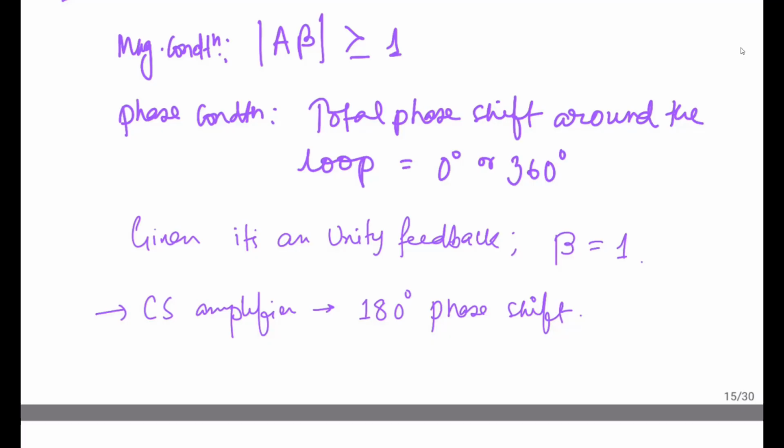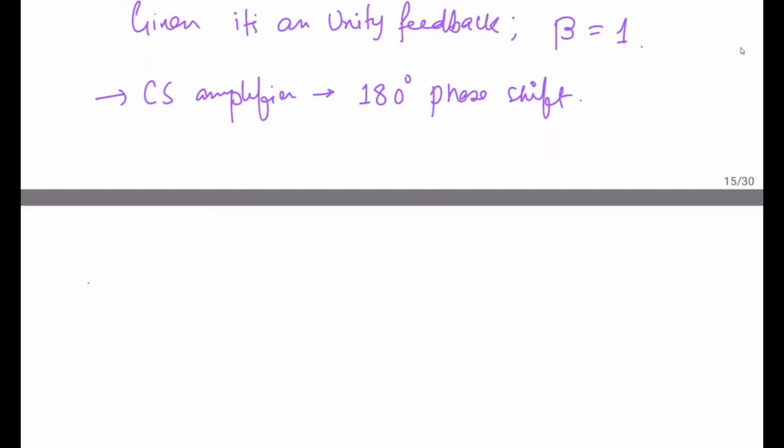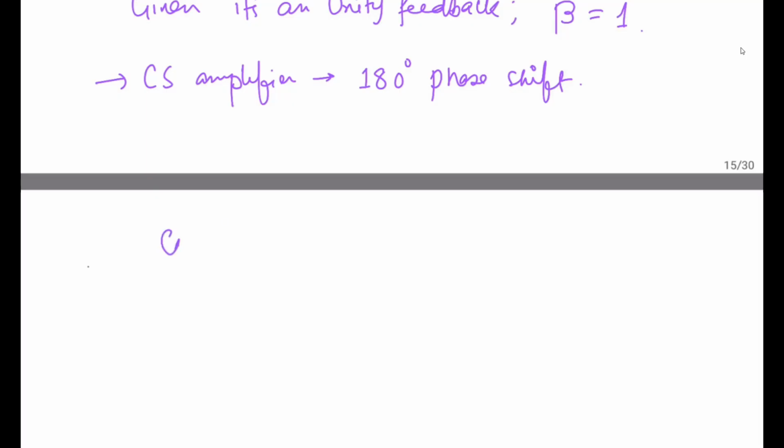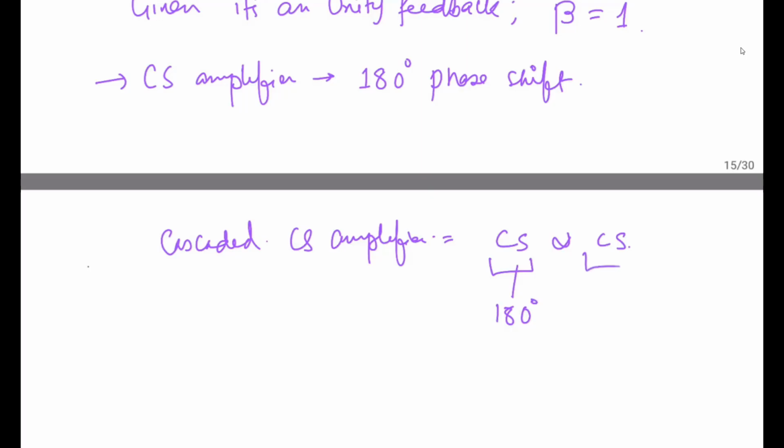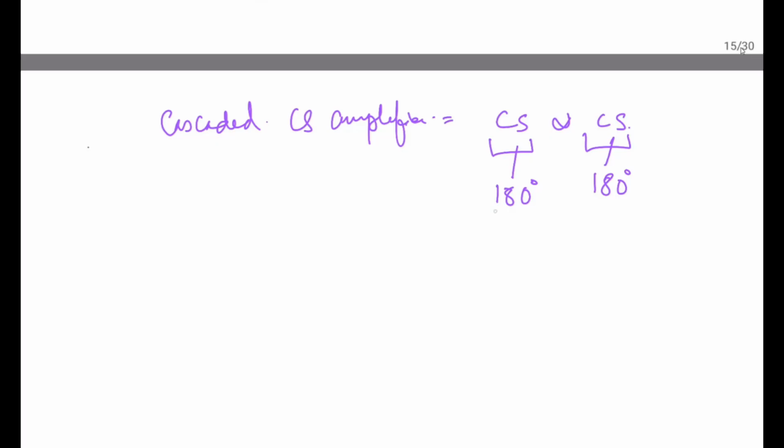Since the question mentions cascaded common source, cascaded CS amplifier, I have two common source stages. This one gives 180 degree phase shift, this also gives 180 degree phase shift, so the total will be 360 degree.